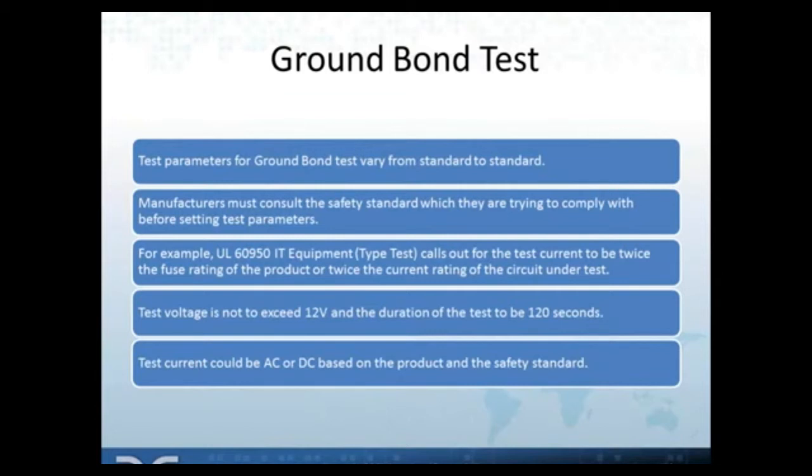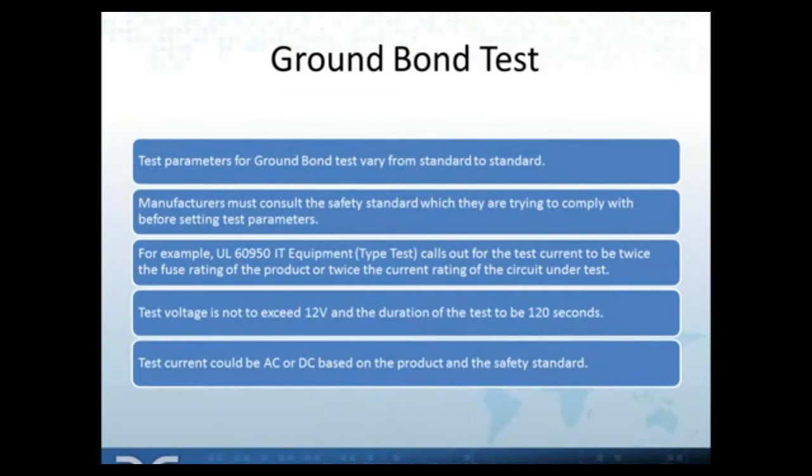This is very important to know, because before setting any test parameters on the product, the manufacturer must have all the information for setting these parameters, and for that they need to consult the standards that they're trying to comply with. For example, UL 60950 for IT equipment calls out for the test current to be twice the fuse rating of the product or twice the current rating of the circuit under test.